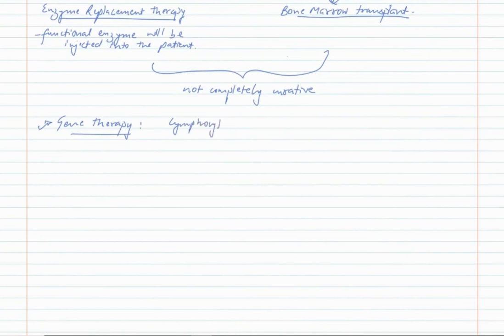In gene therapy, what we do is we take some lymphocytes from the patient's blood, and these lymphocytes are grown in a culture outside the body.